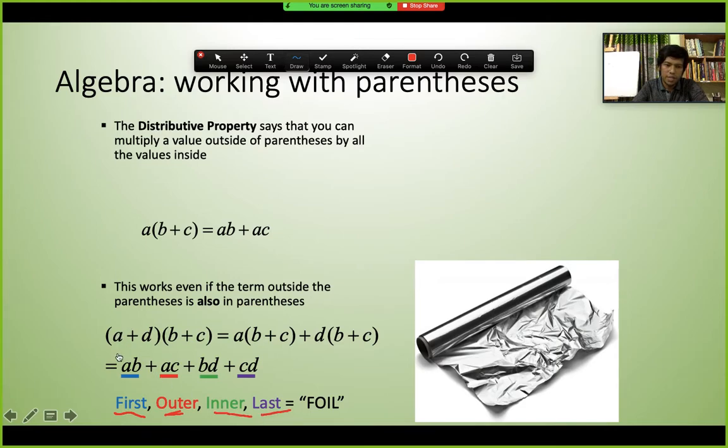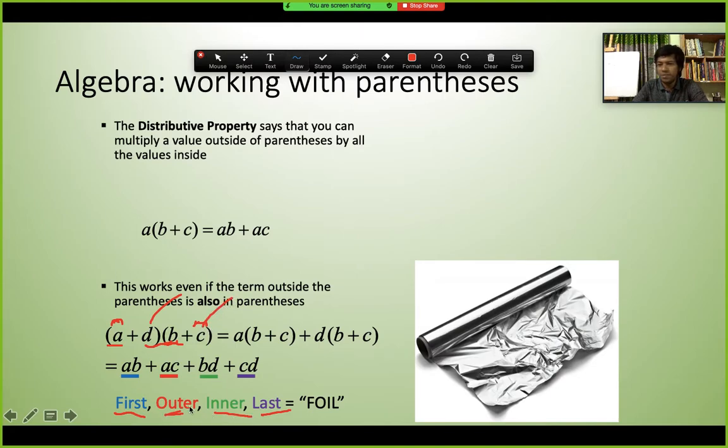So first we do the first two numbers, that means a into b, ab. And then outer means this is the outer number and this is the outer number, c and a. Then inner means d and b, they are inner numbers. Then we have to multiply them. And then last means the last of this one and the last of this one we have to multiply.